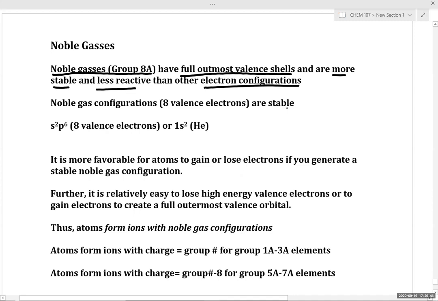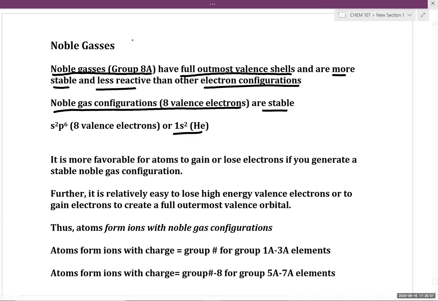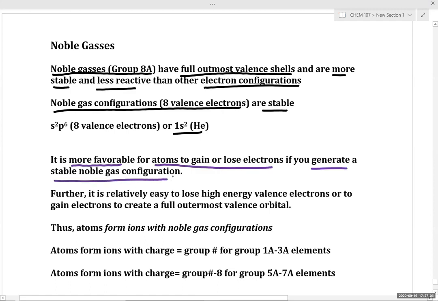There's one other noble gas configuration we need to be aware of, and that's the 1s2 configuration, which matches that of helium. Now, why does this matter? Well, it is more favorable for atoms to gain or lose electrons if you generate a stable noble gas configuration.